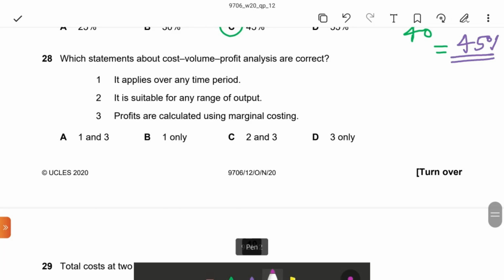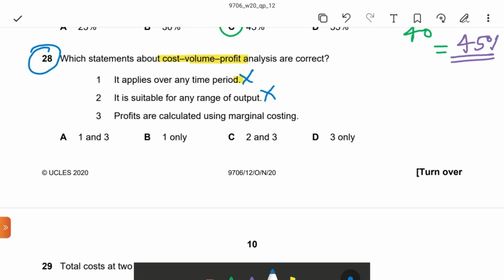Next, 28. Which statements about cost volume profit analysis, CVP analysis, are correct? It applies over any period. No, it is in the time of marginal costing. This first option is wrong. It's suitable for any range of output. No, it is not suitable for any range of output.